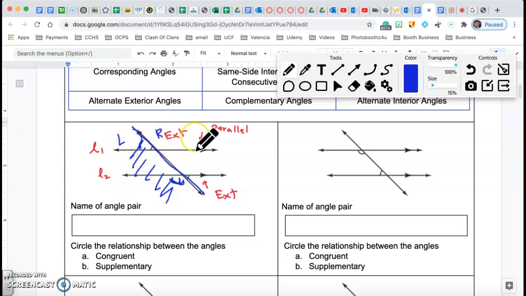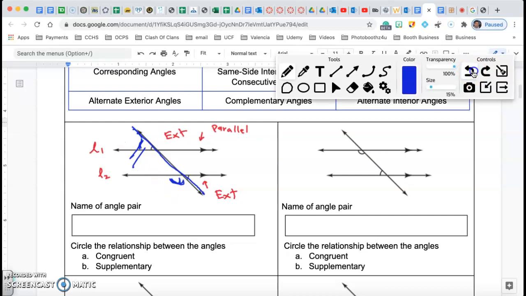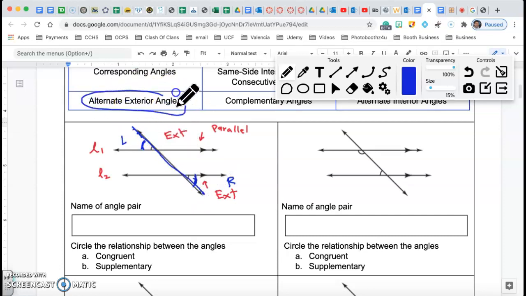If they're on opposite sides of that line, then they're called alternate. In this case, I have this angle on the top and this angle on the bottom, but one is on the left and the other one is on the right. So they're alternate angles. Now, they're exterior, so they're alternate exterior angles. Alternate exterior angles are congruent.